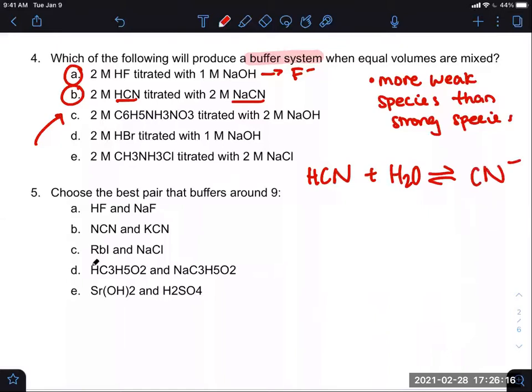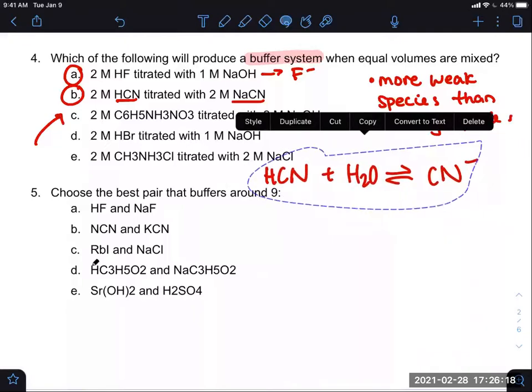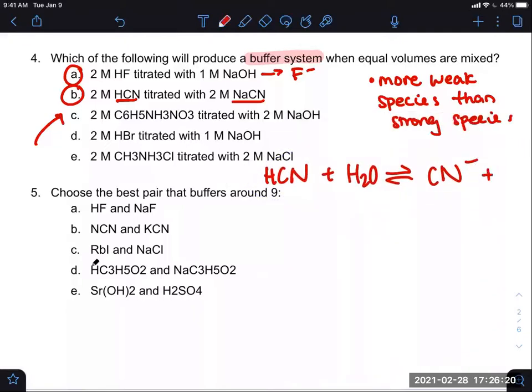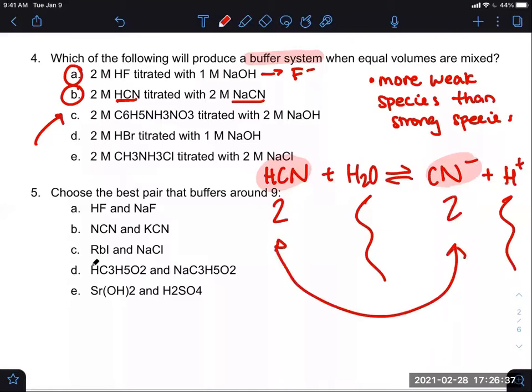And what would this be, like H3O plus, okay. We don't really care about this right now. We just care about our buffer system, right? So for B, it's saying we have 2 of this and 2 of this, okay? We already have a buffer system now. That's it, we don't need to worry about anything else.